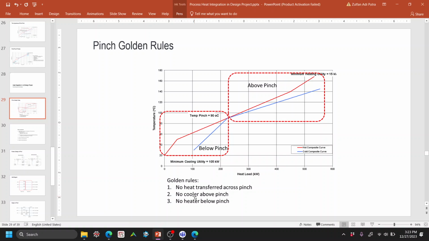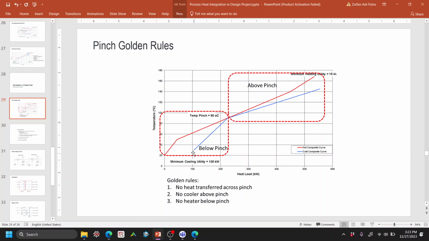And the second one is that we should not put any cooler above the pinch. So above the pinch is the area where we have to maximize the use of hot streams. So that means we cannot cool this down with the cooler. We need to maximize the heat above the pinch. And then similarly below the pinch, we cannot use a heater.